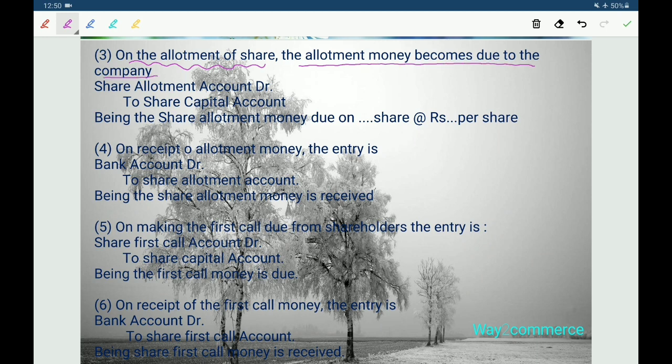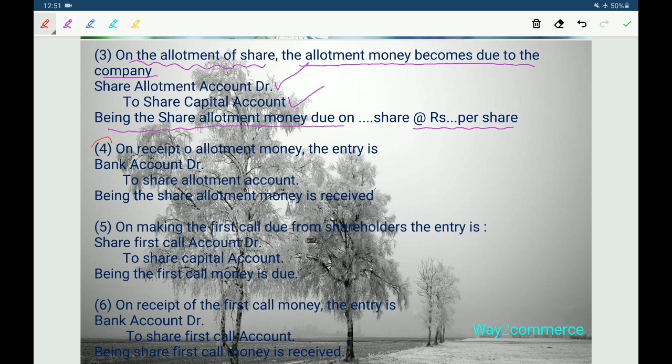That's why share allotment account is debited to share capital account. Share allotment account is a personal account, so debit the receiver, like debtors account. Narration: being the share allotment money due on number of shares at the rate of rupees per share.